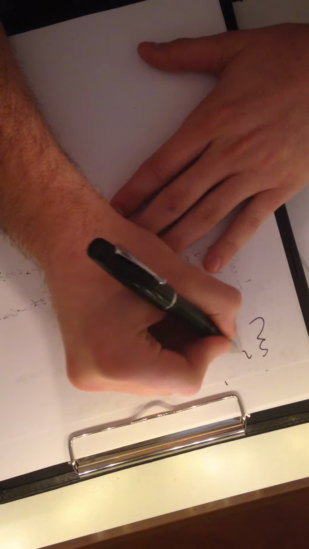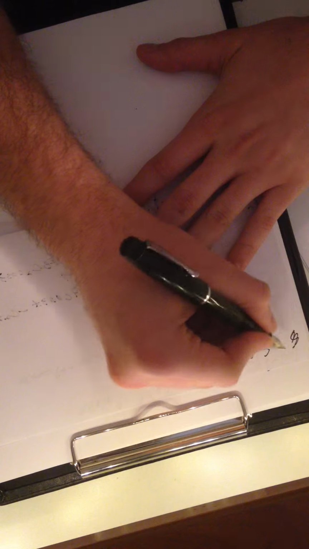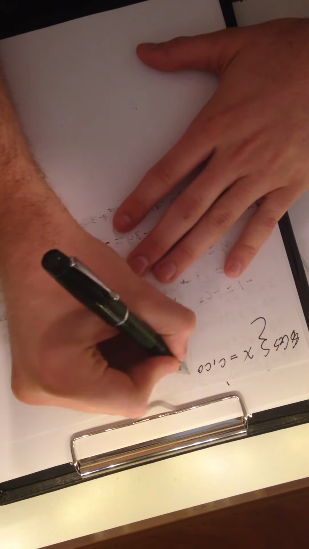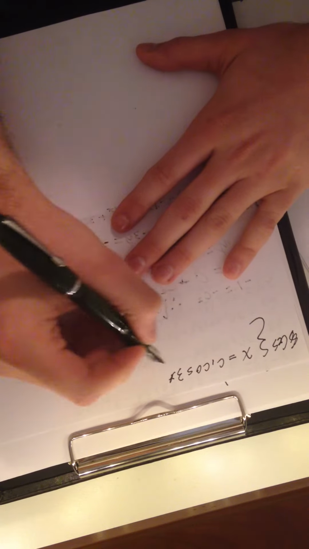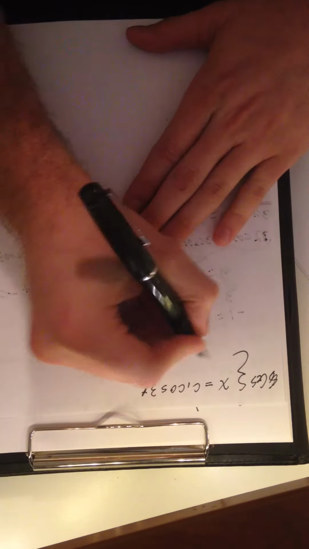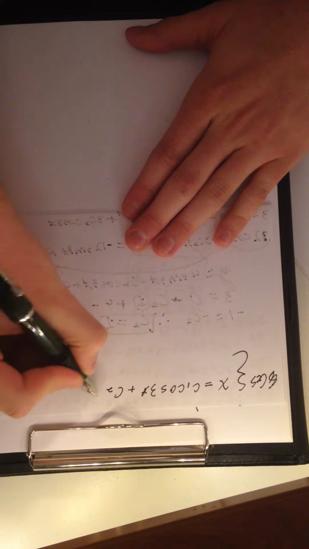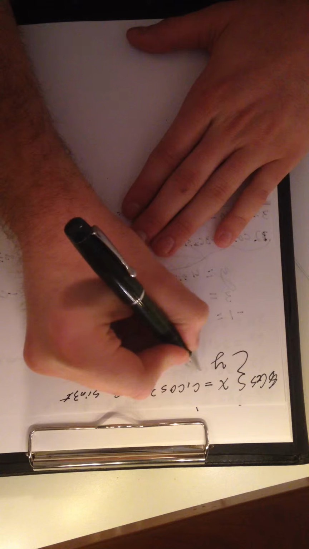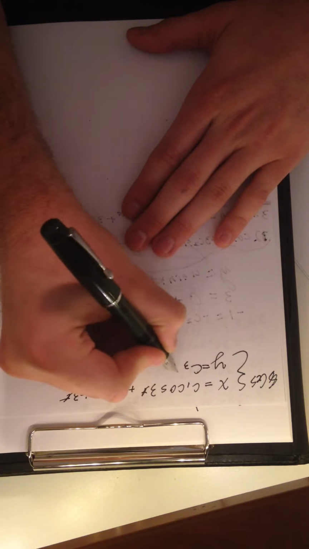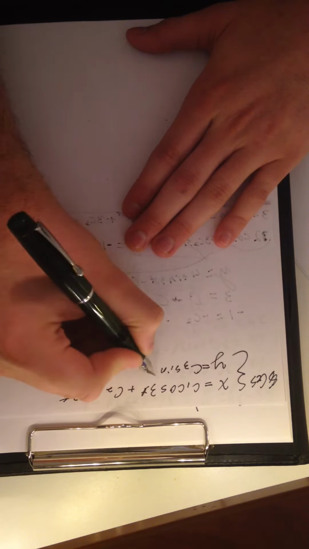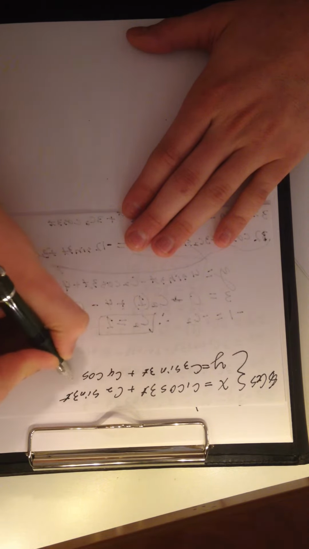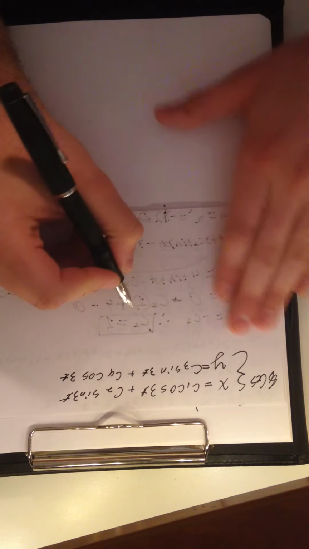So our general solution is going to be x is equal to c1 cosine 3t plus c2 sine of 3t, and our y is going to be equal to c3 sine of 3t plus c4 cosine of 3t. So that's our general solution.